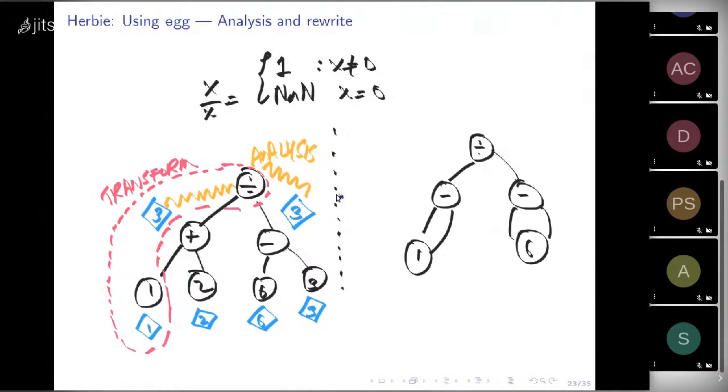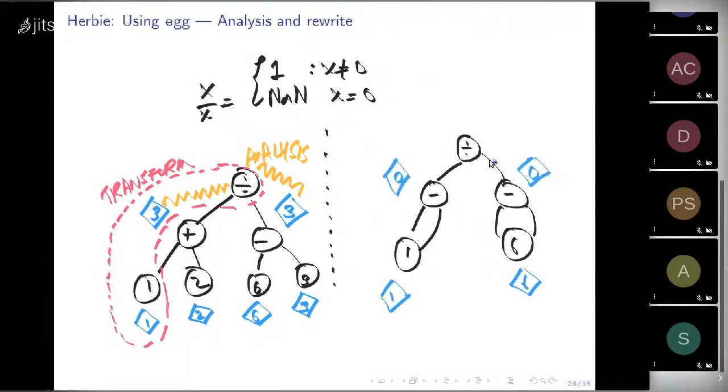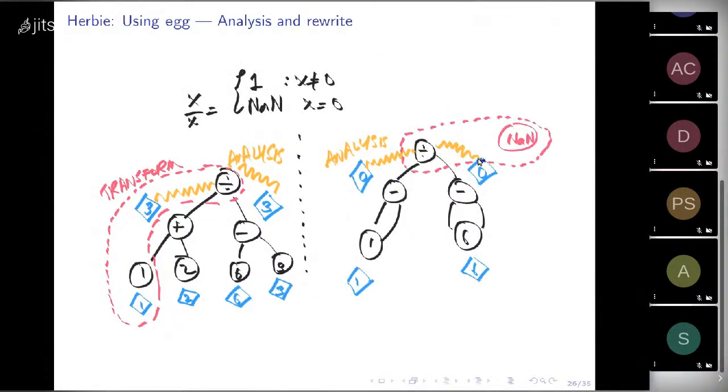Similarly, on the right hand side, it's 1 minus 1 divided by 6 minus 6. So a compiler would traditionally analyze it, figure out it's 0 by 0, and conclude it's not a number.